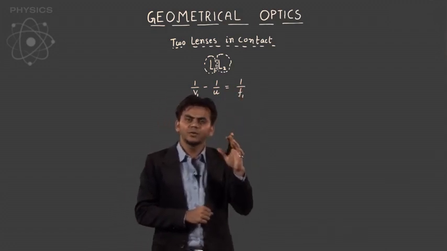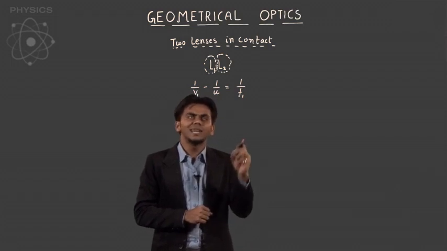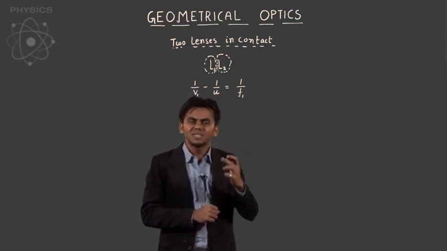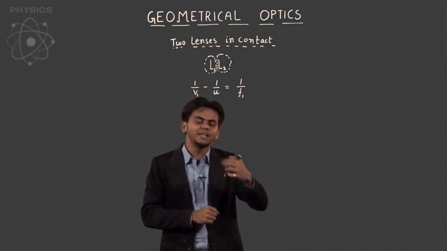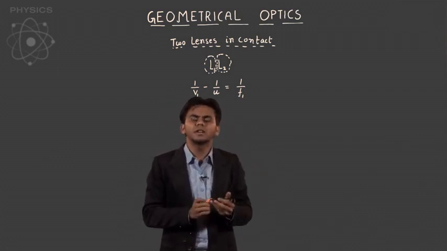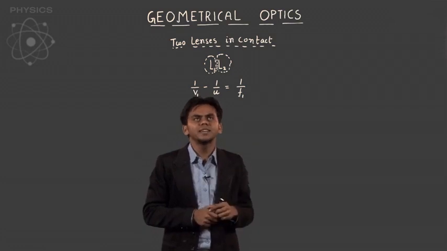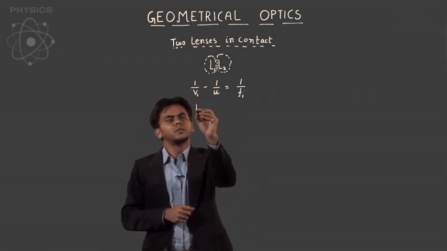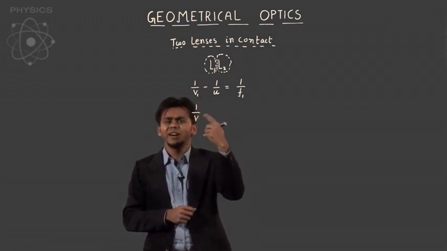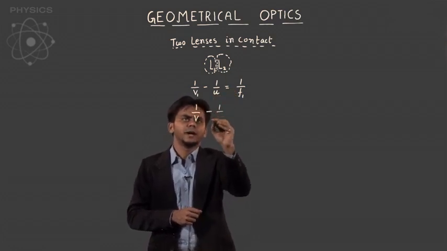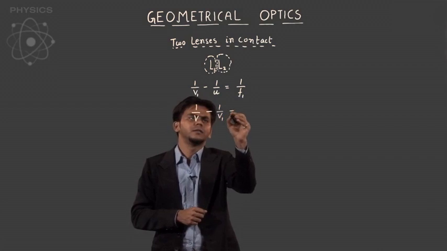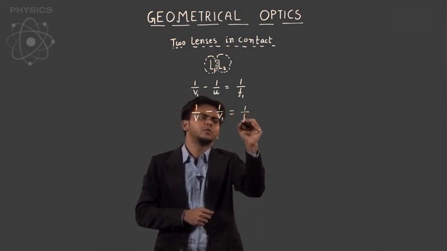This F1 is the focal length of lens 1. Similarly, this intermediate image is acting as the object for lens 2. So for that I can use 1 by V, the final image due to L2, minus 1 by V1 is equal to 1 by F2.